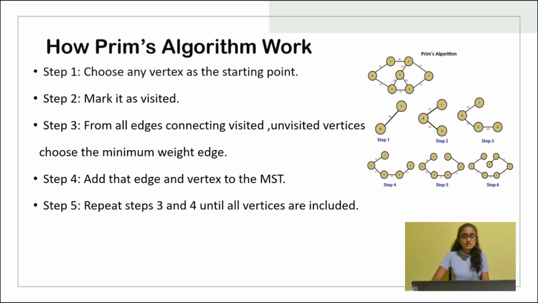Third step is from all edges connecting visited and unvisited vertices, choose the minimum weight edge. Next one is add that edge and vertex to the minimum spanning tree. Last step, repeat steps 3 and 4 until all vertices are included. Finally, you get the minimum spanning tree.